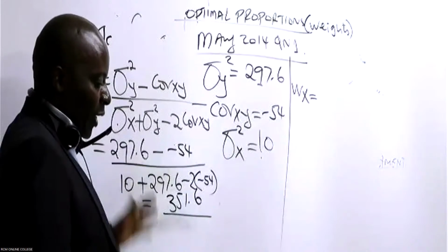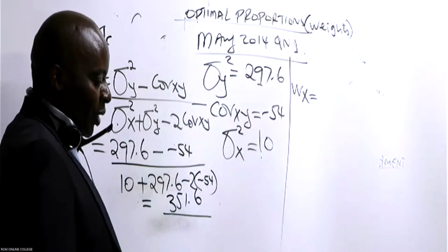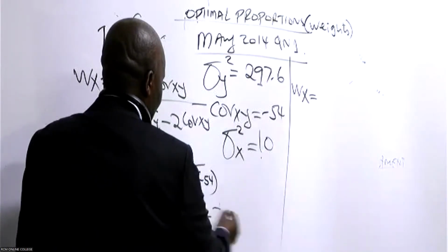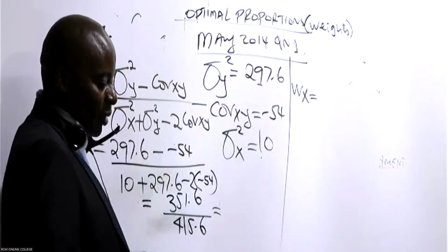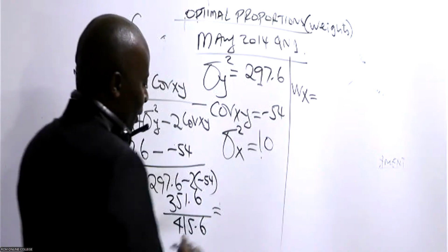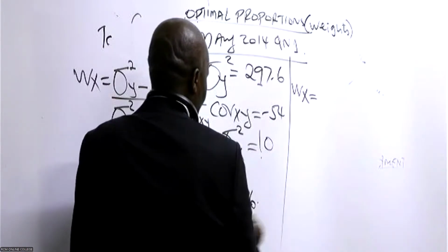According to Marion, she's getting 415 point what here? 0.6. So are you able to give us this answer, 351.6 divided by 415.6? That gives us 0.846. Thank you so much.